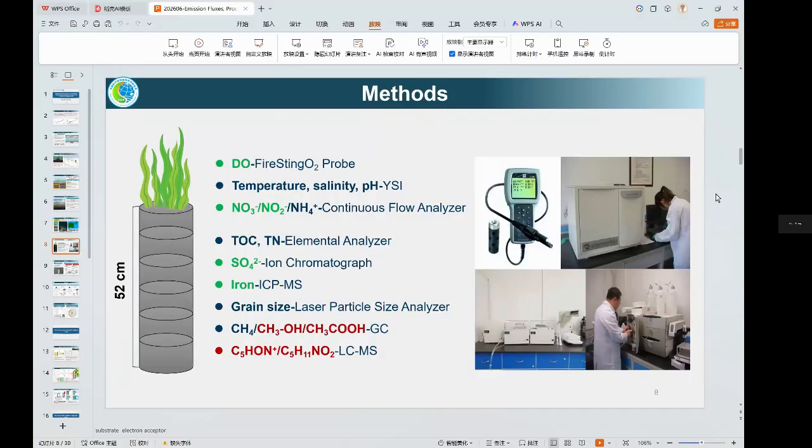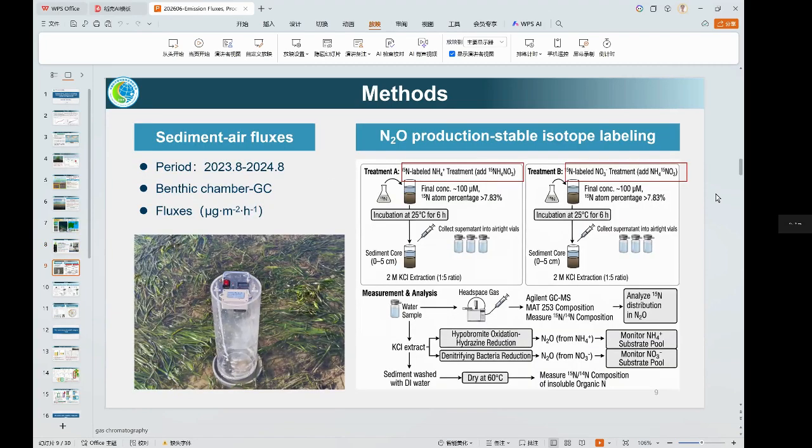We determined physical chemical factors, including various electron donors and acceptors. Benthic chambers combined with a GC machine were applied to calculate in situ sediment-air or sea-air fluxes of greenhouse gases.